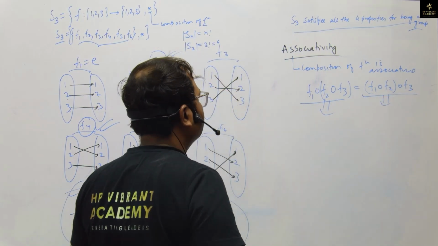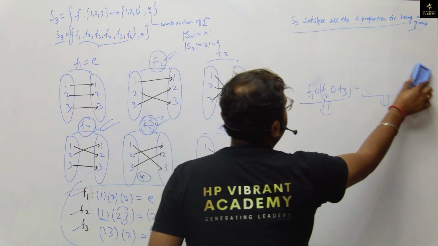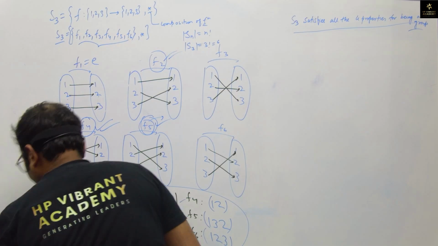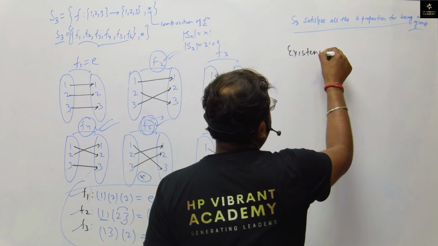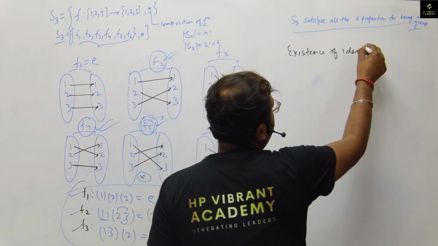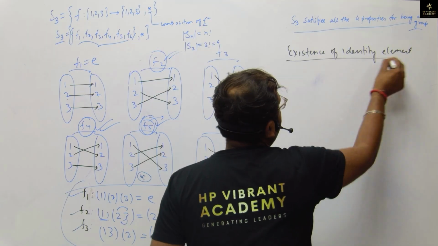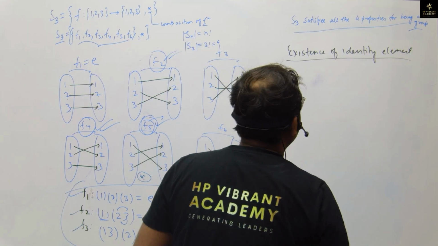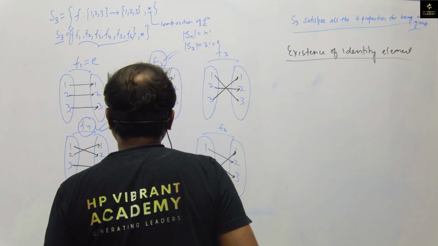Now let us discuss the existence of identity element. Clearly, f1 is the identity element.